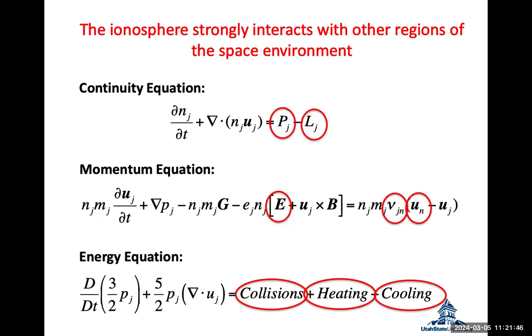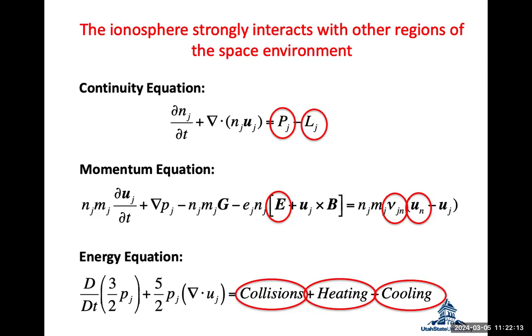Heating, for example, what comes from the sun is very important there. Or we have heating in the plasmasphere that is transported. Energy gets transported into the ionosphere, and we can use this set of equations and observations in the ionosphere to infer information about the neutrals, infer information about electric fields, and so forth.